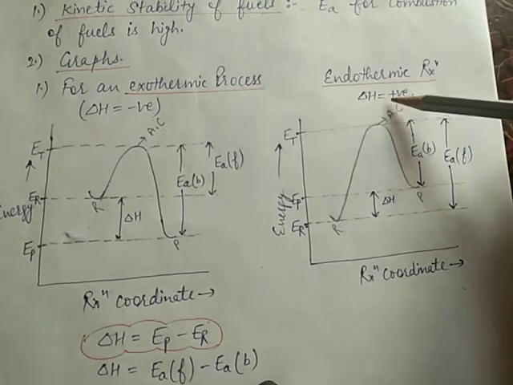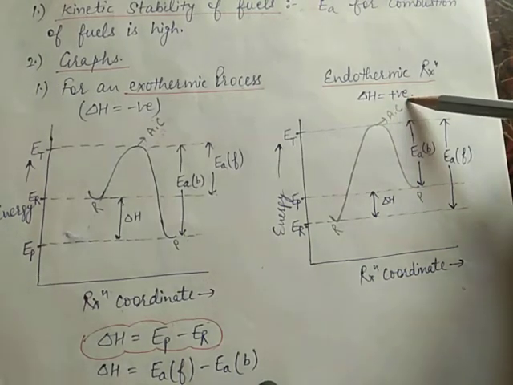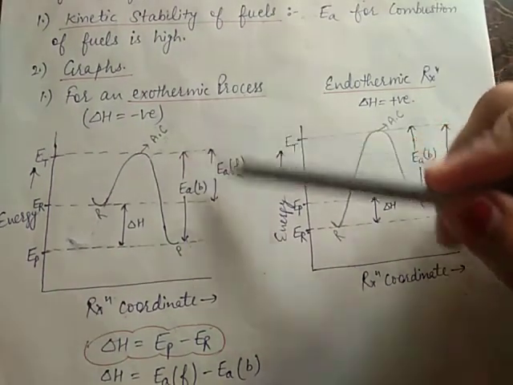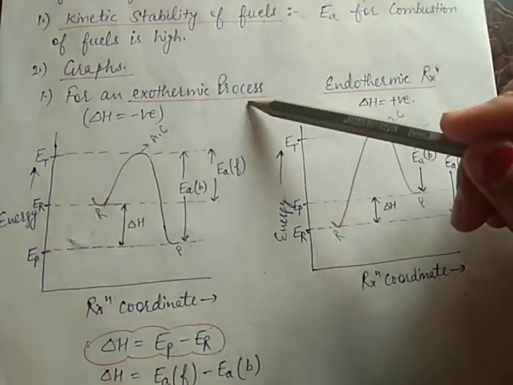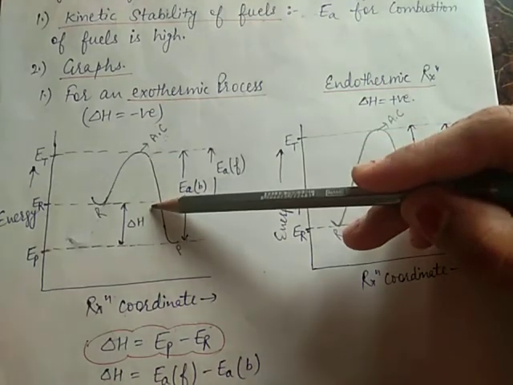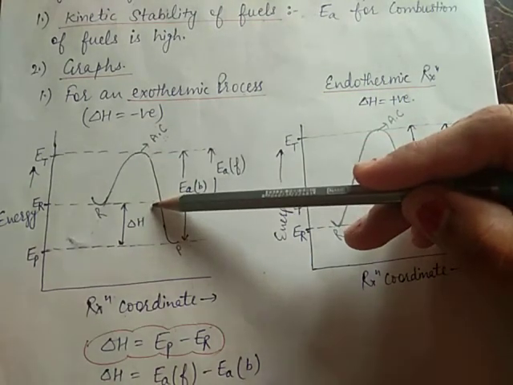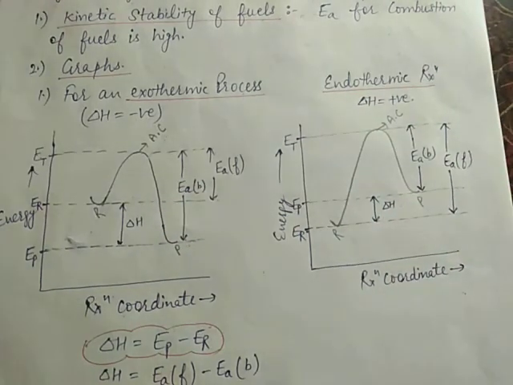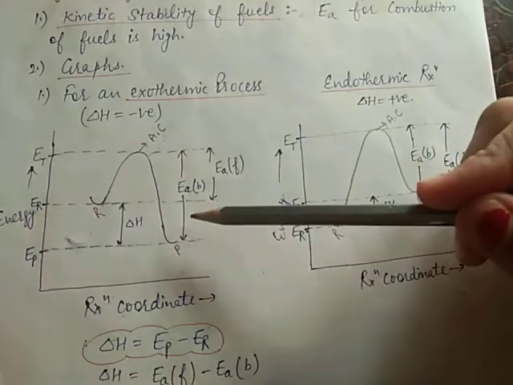So here delta H is positive. So we can see that in case of exothermic process, activation energy required is higher. So the reaction is slow.